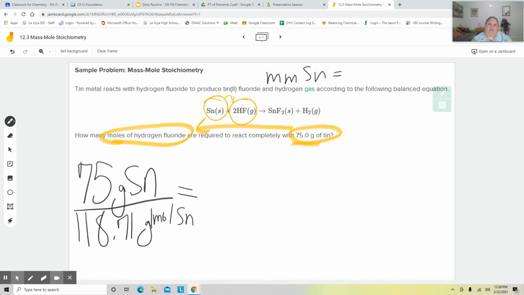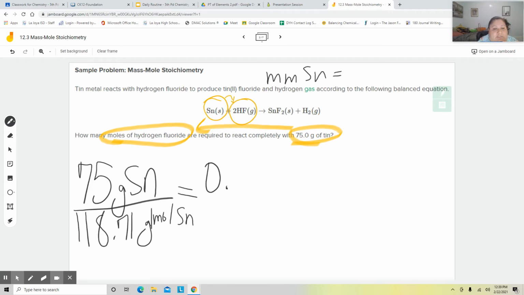All right, get your calculator out. I know it's a decimal, but what is my decimal? 75 divided by 118.71. Get your calculator out. What is it? I know it's 0 point something.